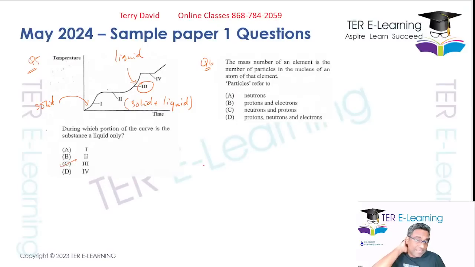What about question 6? The mass number of an element is the number of particles in the nucleus of an atom of that element. Particles refer to what? Question 6.